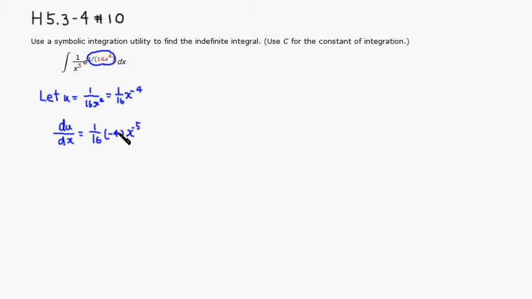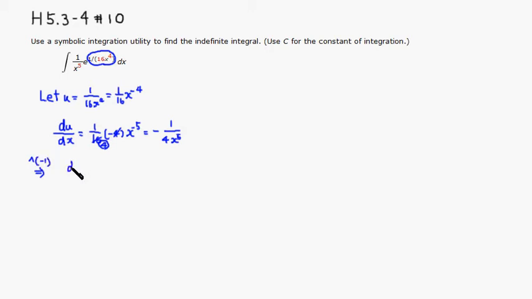right? So the 4 and the 16 cancel out, so you get 4 on the bottom, still have a negative sign, so this is going to be negative 1 over 4, then x is going to be on the bottom because of the negative power, so to the 5th power. Then take the reciprocal of both sides.